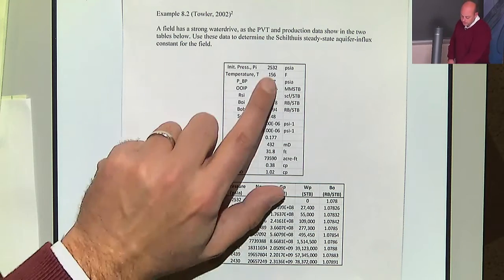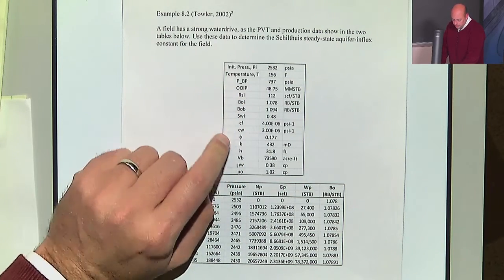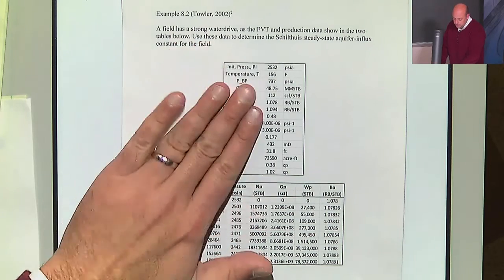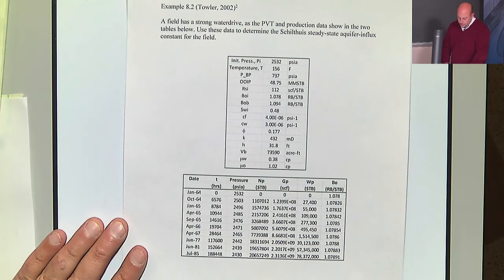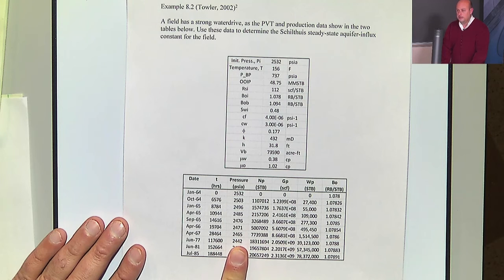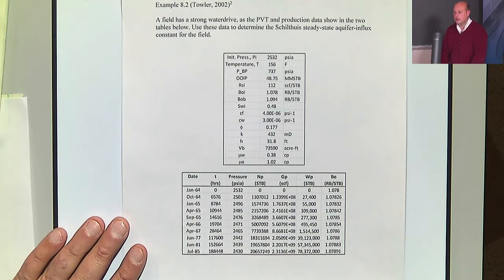So what we have is an initial pressure of 2532. We get compressibility, permeability, viscosities of the fluid, etc., all provided in the top table. In the bottom table, we have the date, which we converted to time in hours, the pressure, which will be measured from pressure gauges in the wellbore, and some production data, which for now I don't think we're going to need.